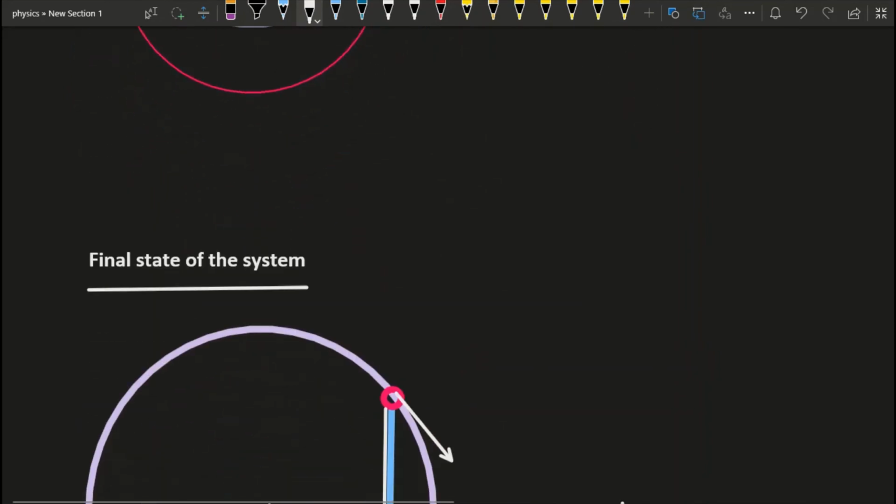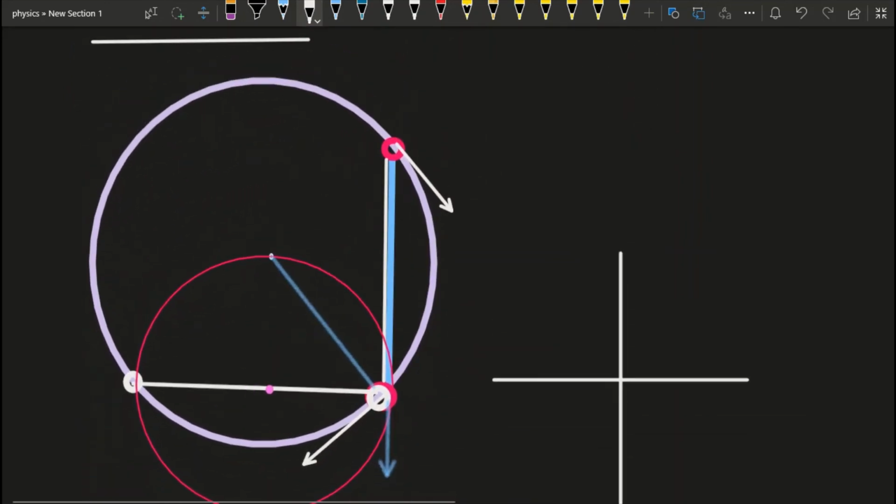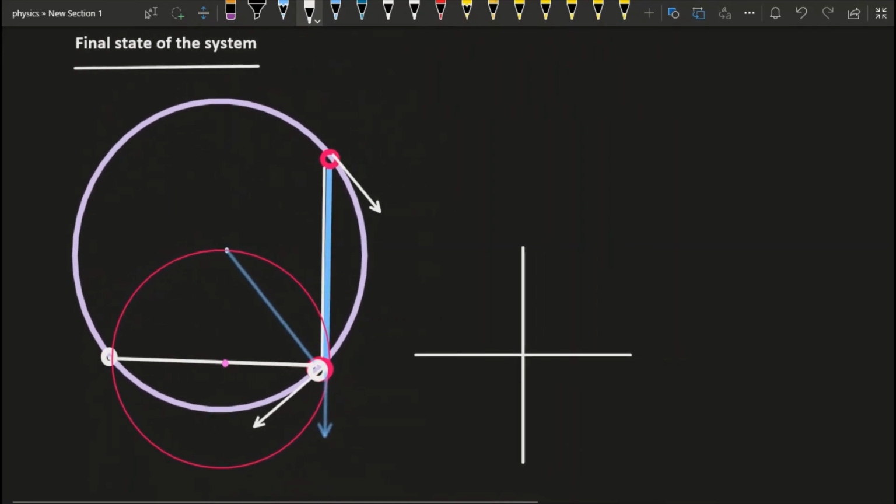So you can clearly see the final configuration diagram. So you can see this is the final state of the system. This is the point A and this is the point B, and here point P is also there.